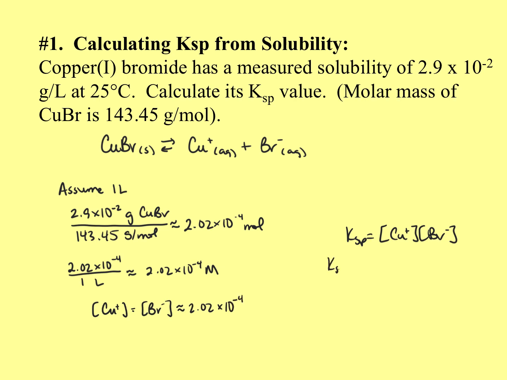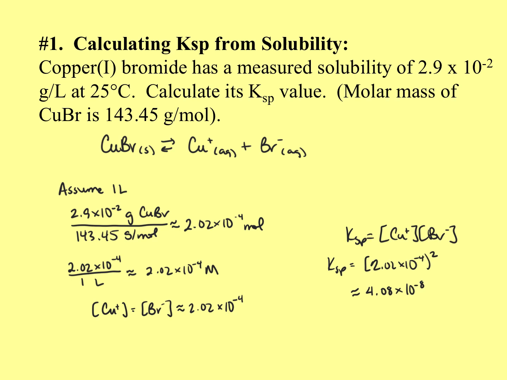So the Ksp value is that squared, which comes out to roughly 4.08 times 10 to the negative 8.